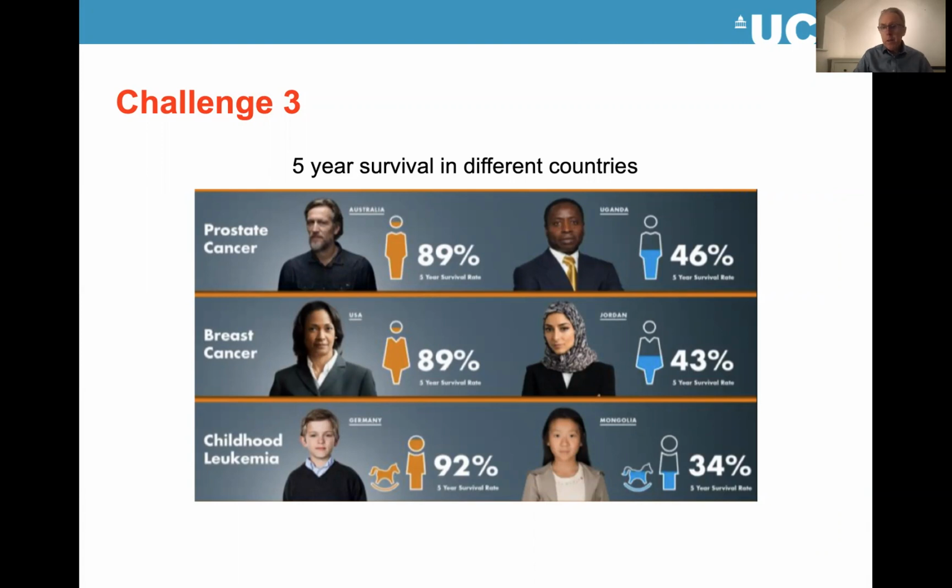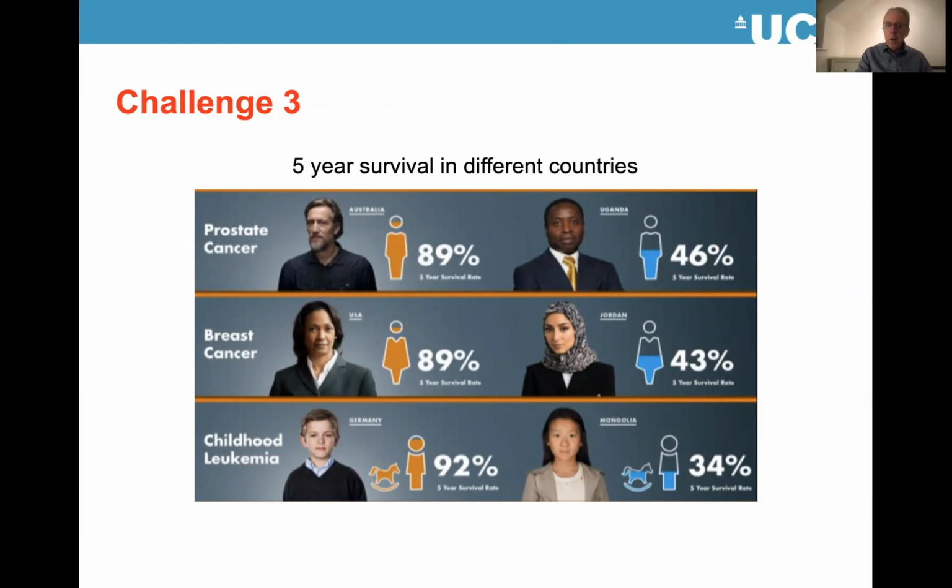Differences can be accounted for a number of reasons. For example, access to state-of-the-art healthcare, awareness of cancer symptoms, and also ethnic, lifestyle, environmental differences. So there's other challenges as well that we face.